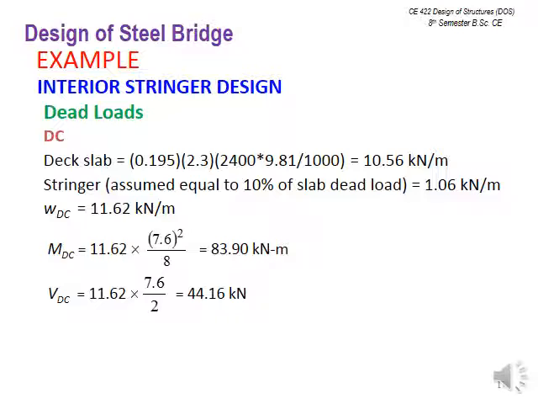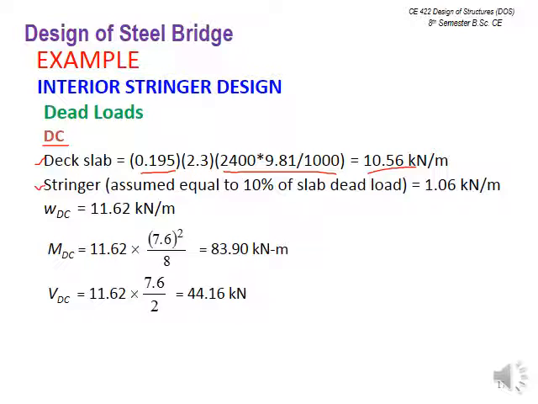Here the sequence is that after getting the lateral distribution factors, we move towards the dead load calculation. Your dead load includes the deck slab load, as we discussed earlier, and the stringer self weight, only two components. The deck slab dimensions are with us, so you can input the values with the density of concrete and get your answer.